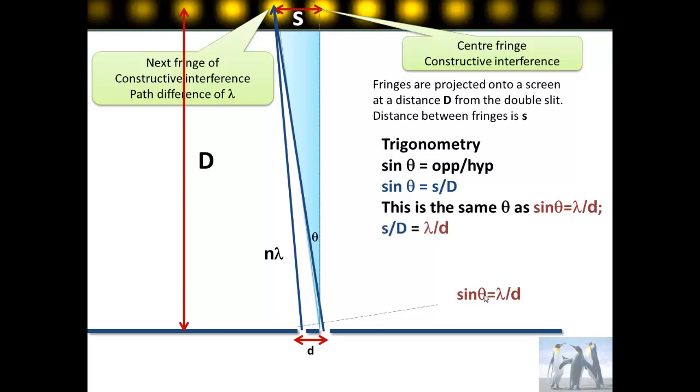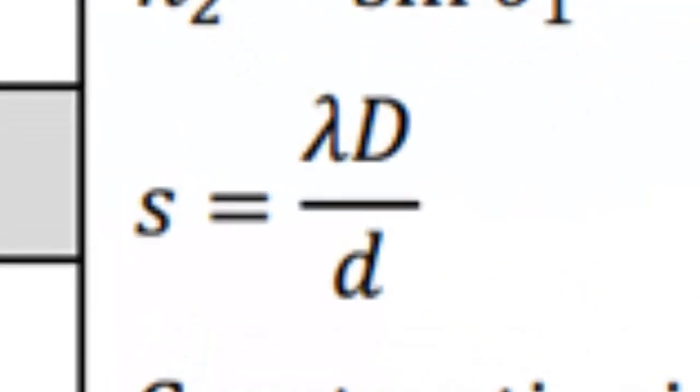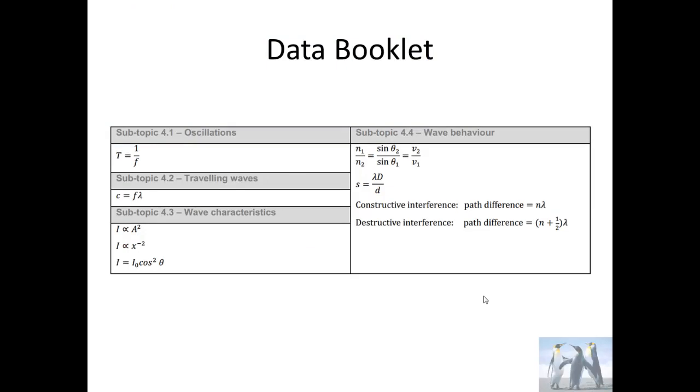So we can equate these. S over D is equal to lambda over small d. Rearrange. Make S the subject. So S is equal to lambda capital D divided by small d. And this is how it appears in the data booklet. And here it is in the data booklet in the right section.